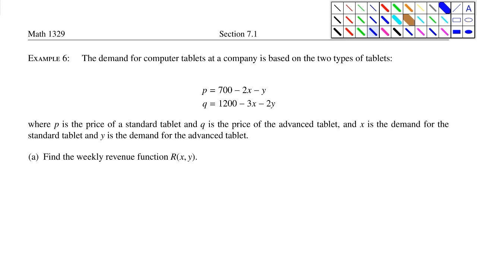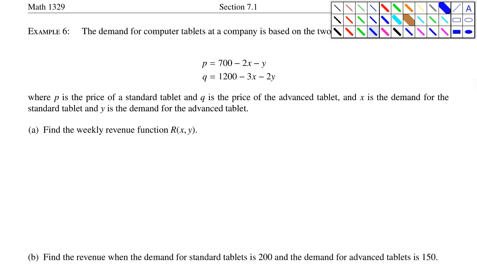P is equal to 700 minus 2x minus y, and Q is equal to 1200 minus 3x minus 2y, where P is the price of a standard tablet and Q is the price of the advanced tablet. X is the demand for the standard tablet and Y is the demand for the advanced tablet.